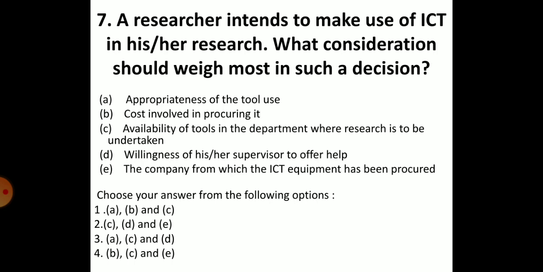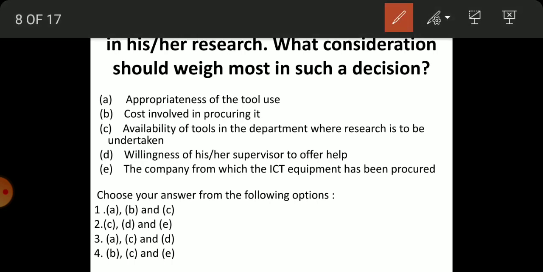The first should weigh most in such a decision. So, option 1 is the right answer, that is appropriateness of the tool used. So, the right answer is option 1.